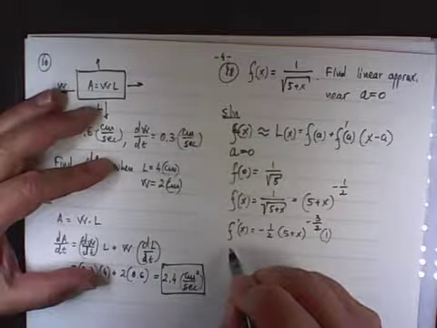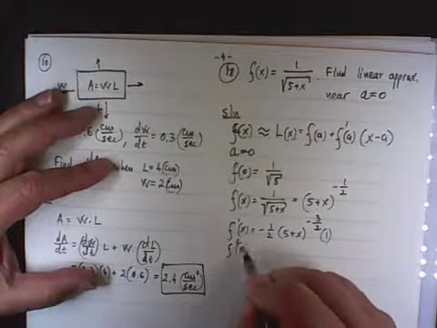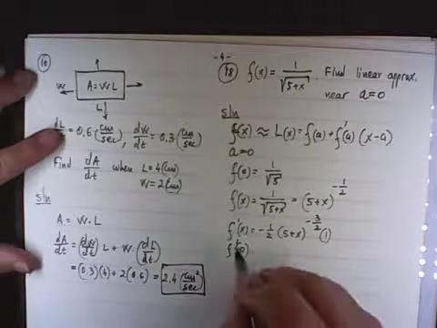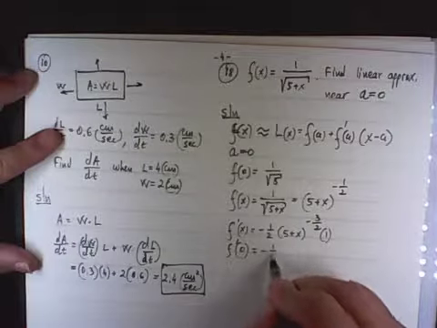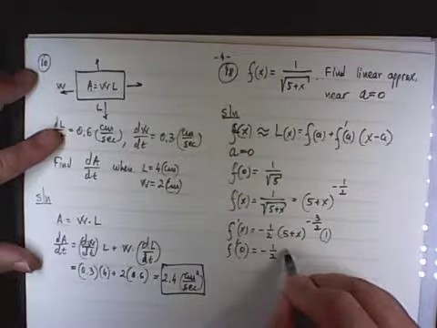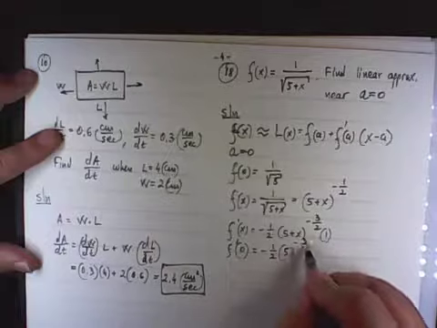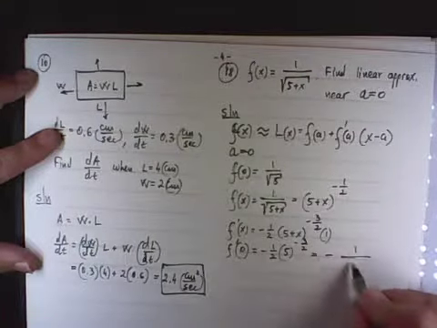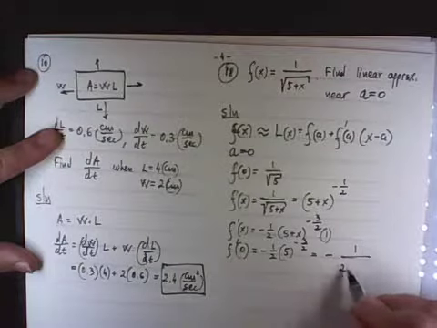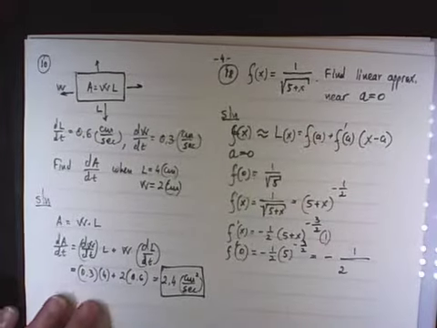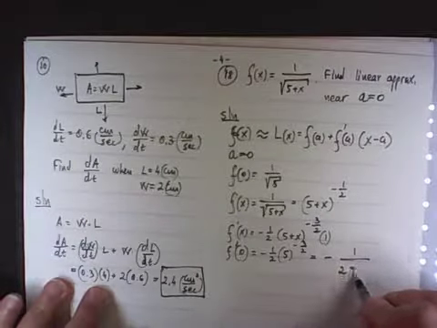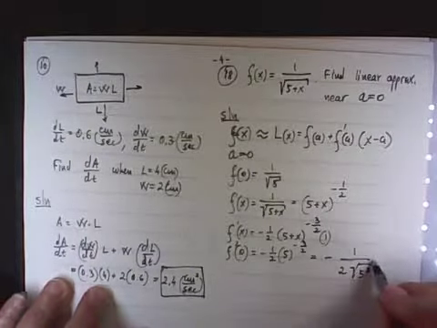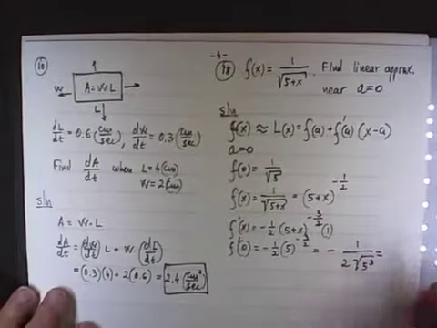I can stop right here and plug in 0. This will be negative 1/2 times 5 plus 0, which is simply 5 to the power of negative 3 over 2. So it will be negative 1 over 2, and here we have the square root of 5 raised to the power of 3, or the square root of 5 cubed, which is 125.